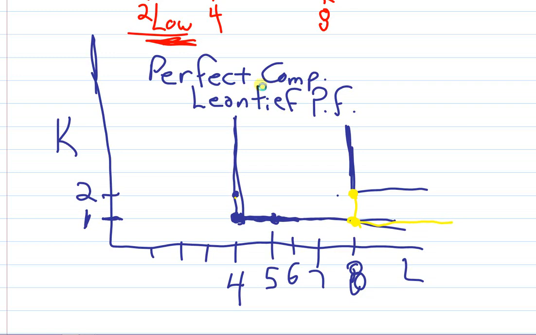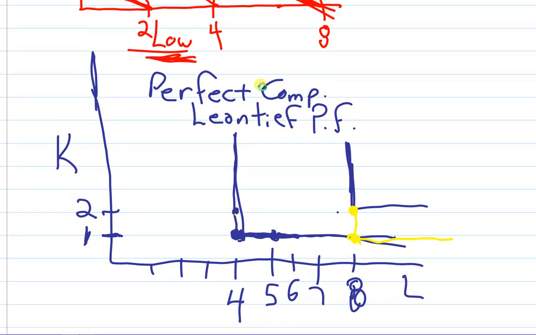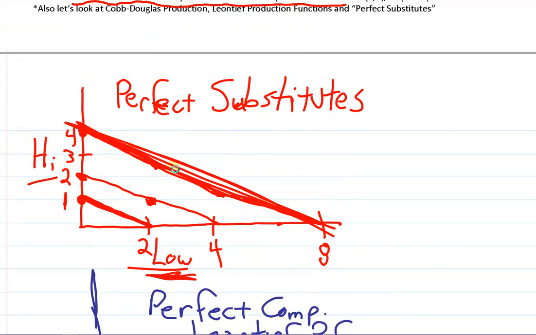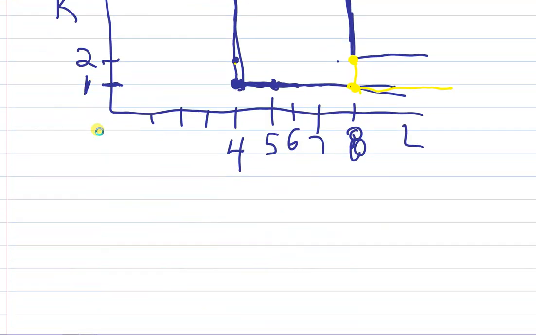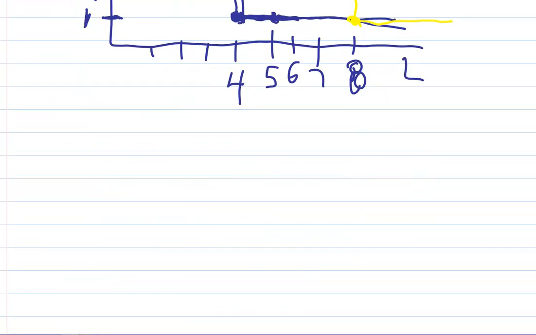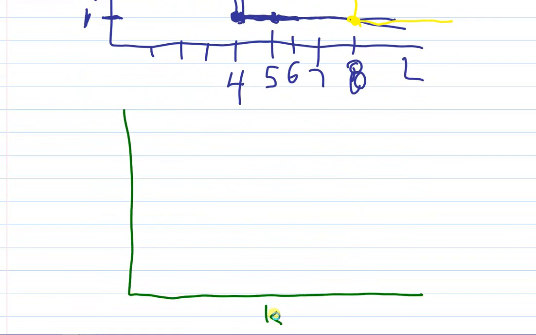So the lesson here is the more your indifference curves look like L's, the harder it is to substitute between inputs. The more they are kind of straight lines, the easier it is to substitute. So in the real world, you're probably not going to be in one of these 2 very extreme cases. You're probably going to be looking at something like, here's capital and here's labor, and maybe you have an indifference curve.